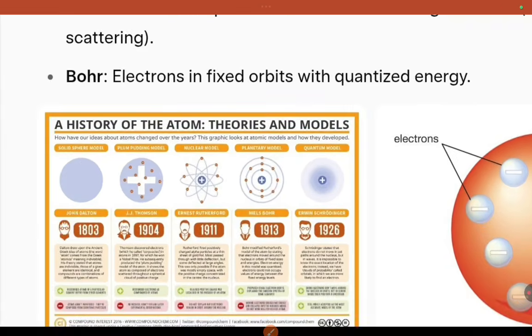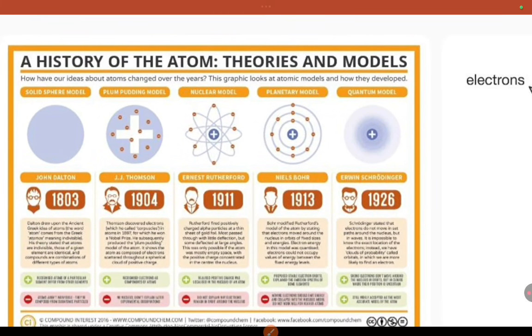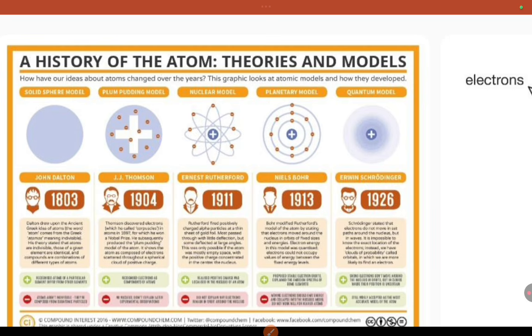Here you can see Dalton proposed the solid sphere model in the year 1803. In 1904, Thomson proposed the plum pudding model. In 1911, Rutherford proposed the nuclear model.